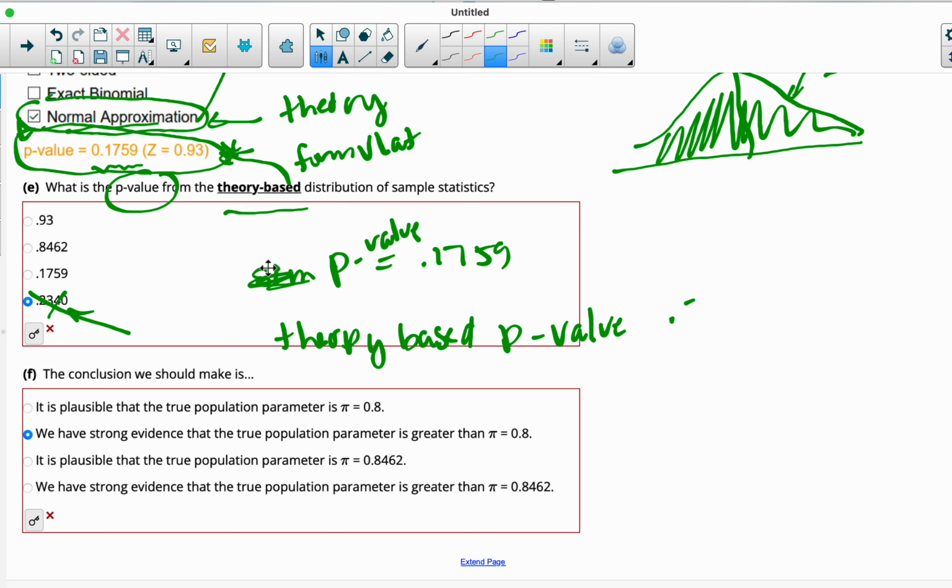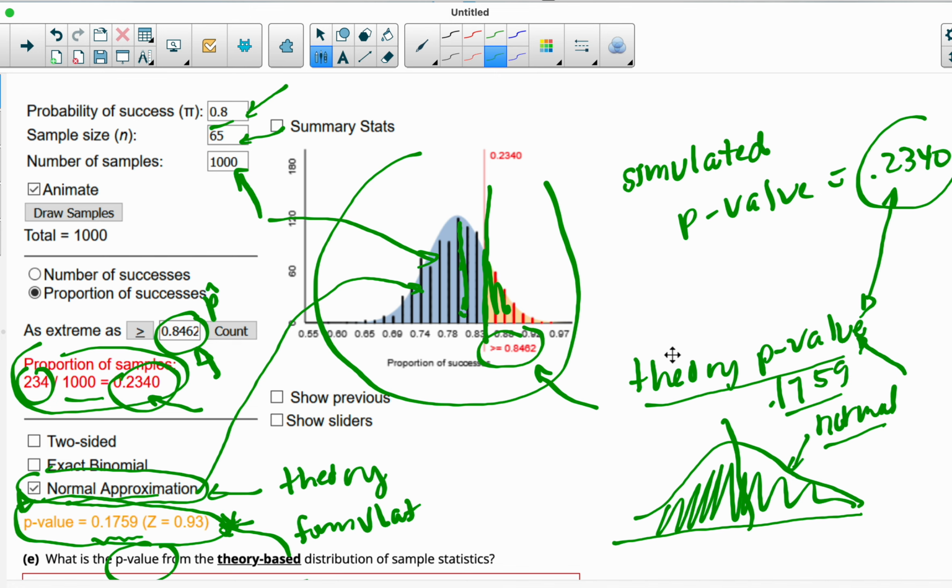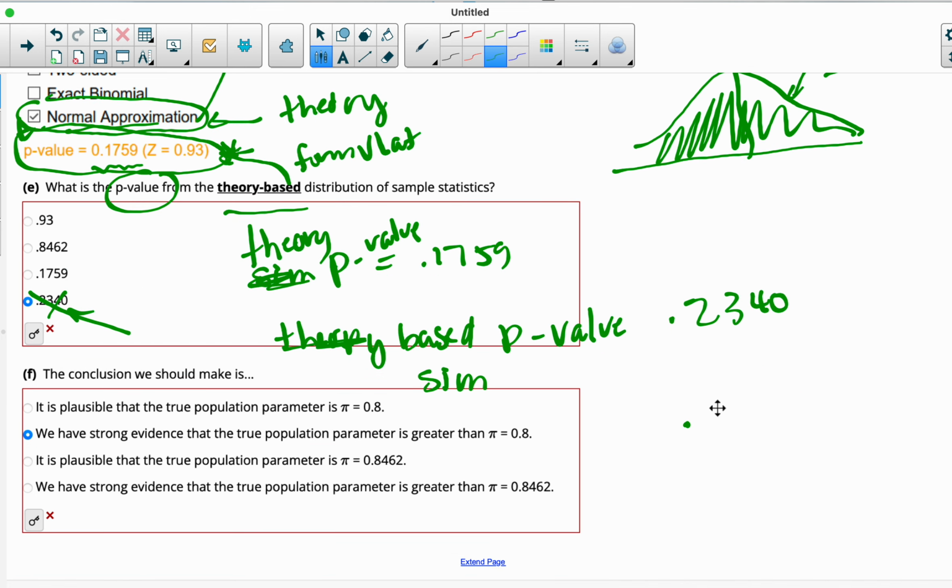This one is my theory-based. Sorry about that. This one is my simulated, was 0.2340. All right, if it doesn't give us anything, we're going to use a 5% alpha. Alpha equals 0.05. Both of these are way bigger than 0.05.